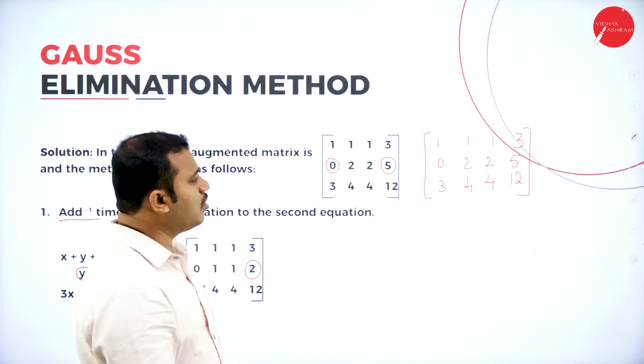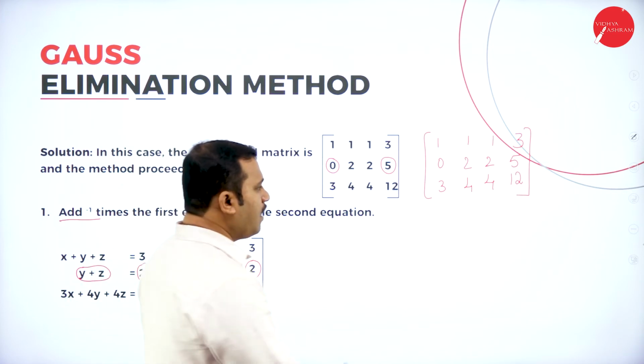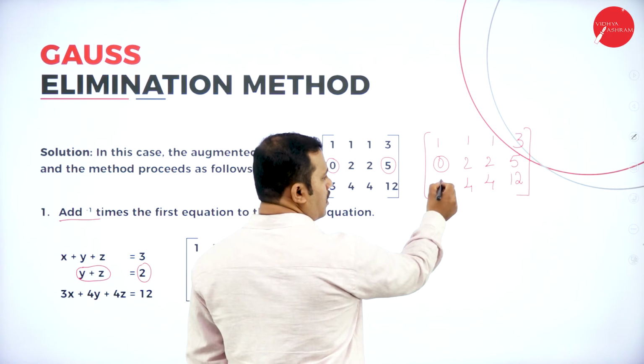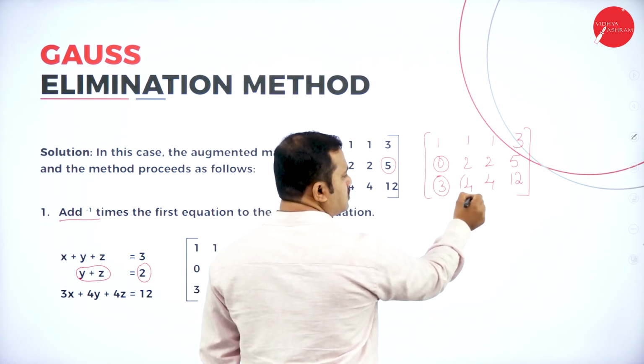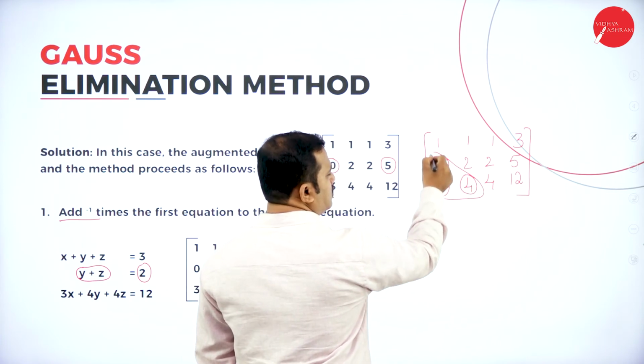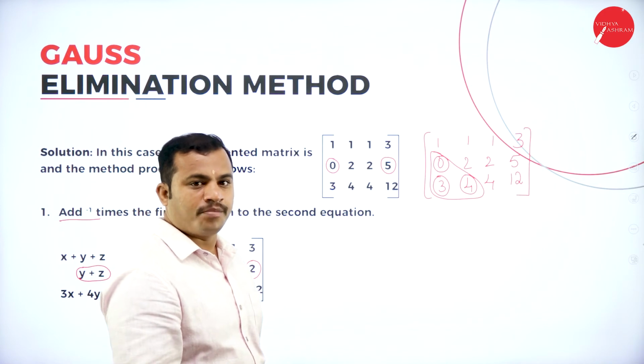Now we have the augmented matrix like this. Already I have the first term in the lower triangular matrix as 0. Now I want to make this as 0 and this as 0, so that the entire lower triangular matrix becomes 0 during the transformation of row operations.